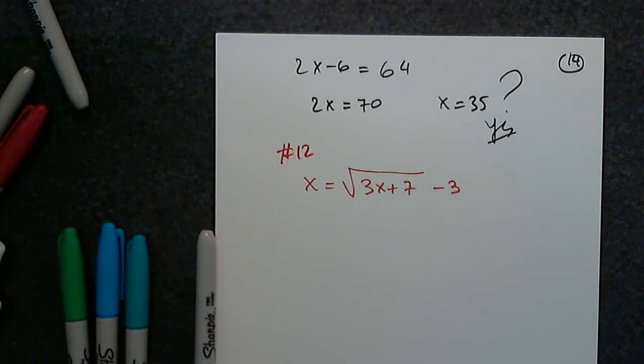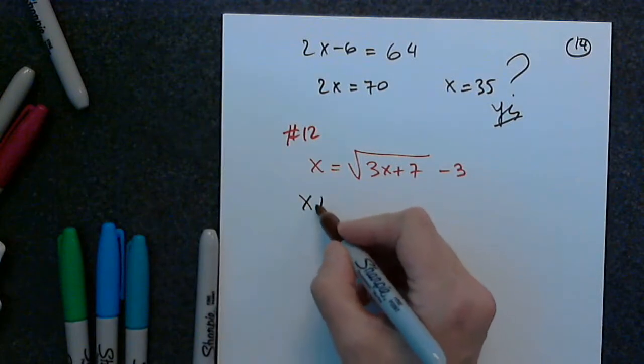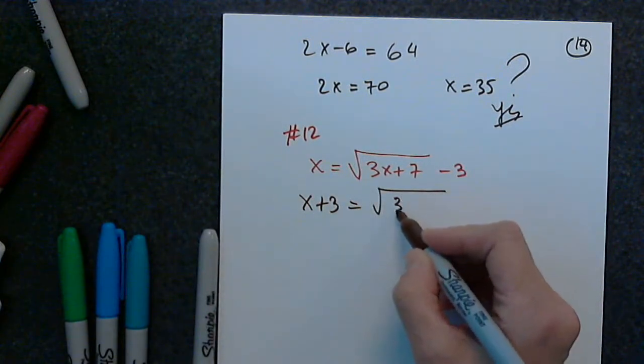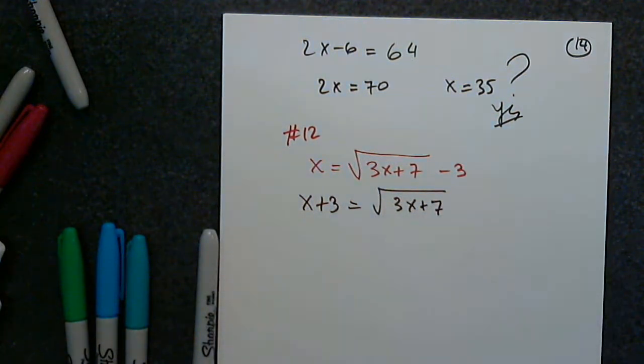Yes, of course. So the left-hand side will be x plus 3, and the right-hand side will be the square root of 3x plus 7. Only now the equation is ready for what? Yes, what if I want to cube? Will cube work? No, because it's the square root.